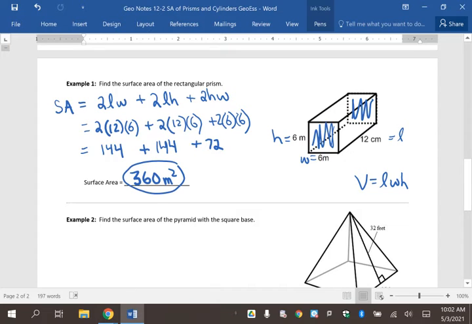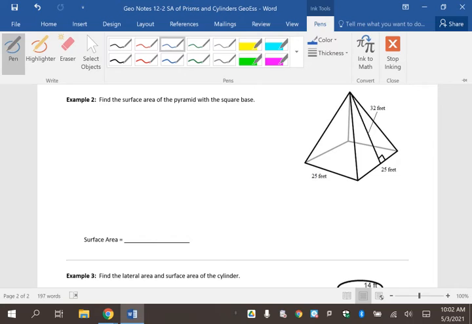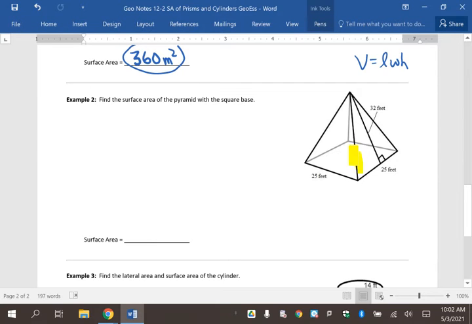Next problem, find the surface area of the pyramid with the square base. So first of all, let's find the area of the base. I will show that with a highlight. So here's our base. Surface area is the area of that square base, and then plus we have 4 sides coming up, and those are triangles.